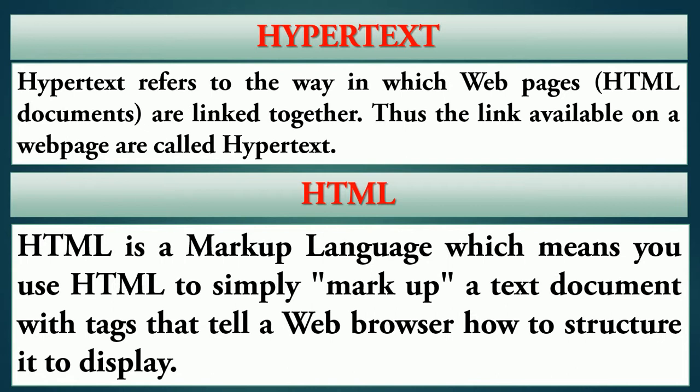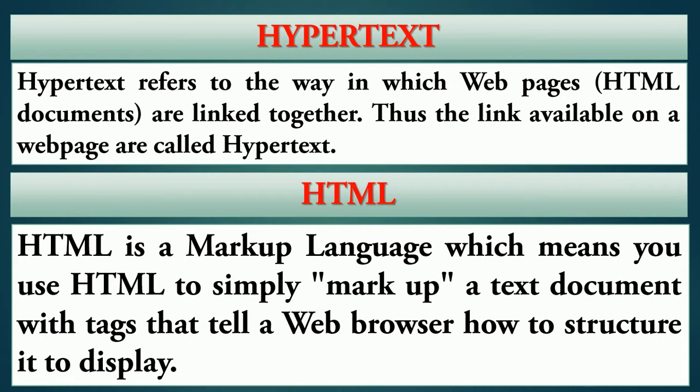So basically, what is hypertext? When you link web pages or documents together, then it will open another web page. So when we give a link to a text, then that text becomes a hypertext.